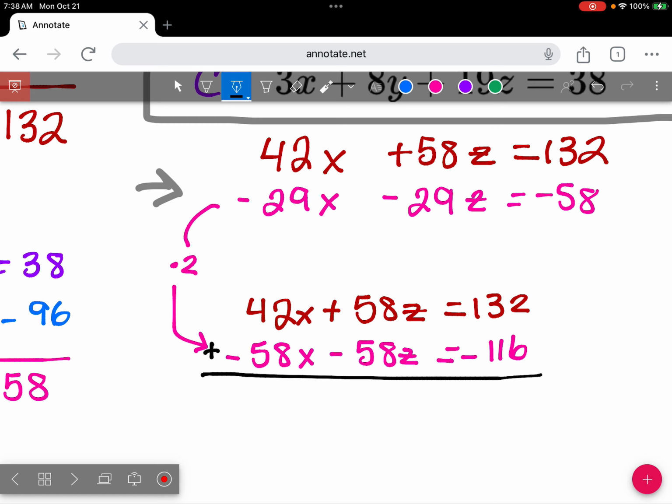So we're doing 3 sets of elimination so far in this problem. 42x minus 58x gives me negative 16x. 58z minus 58z, those cancel out. And we're going to equal 132 minus 116, which is 16.